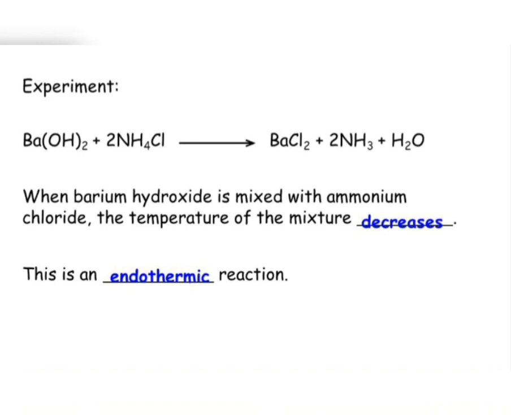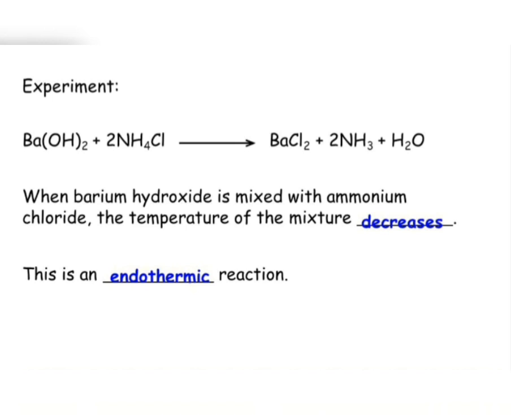That means a lot of heat energy is absorbed there. So this reaction between barium hydroxide and ammonium chloride is characterized by the change in temperature, but here it is a fall in temperature, and it is an endothermic reaction. Endothermic means heat absorbing reaction. So in this case heat is absorbed, but in an exothermic reaction heat is released.